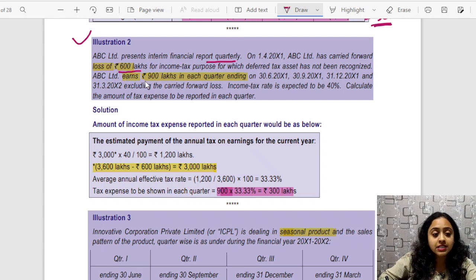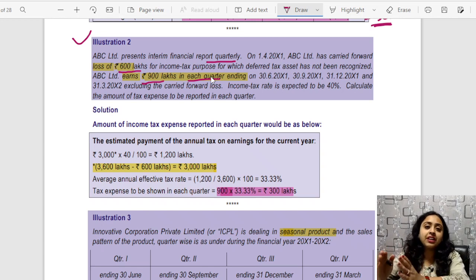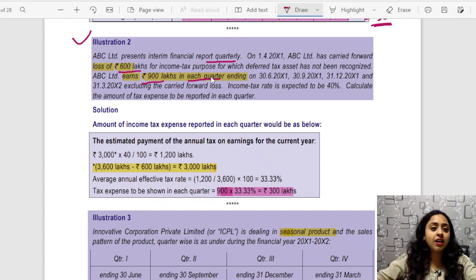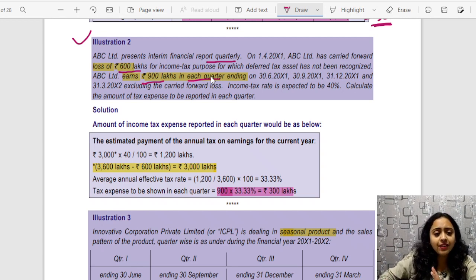ABC Limited earns 900 lakhs in each quarter: 900, 900, 900, 900. That means 3600 lakh annual income, for 30th June, 30th September, 30th December and 31st March 2002, excluding the carried forward loss, which you have not deducted at all right now.